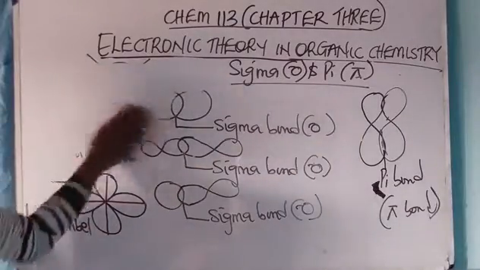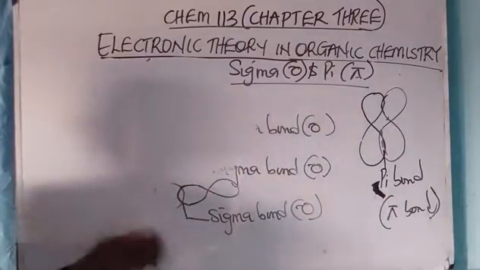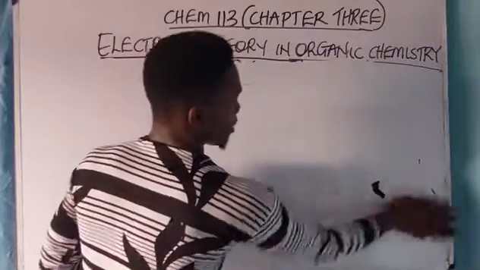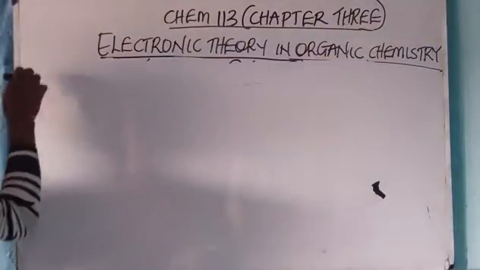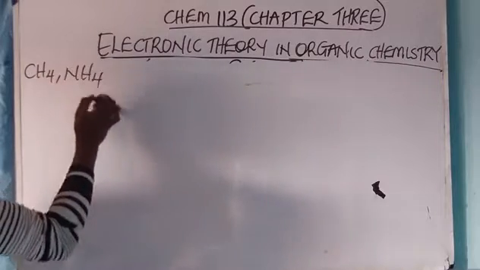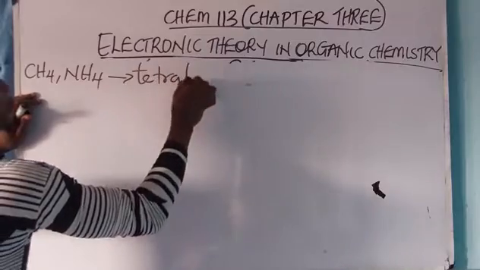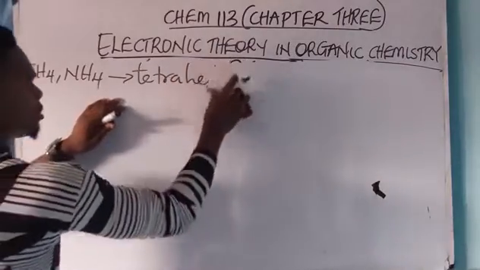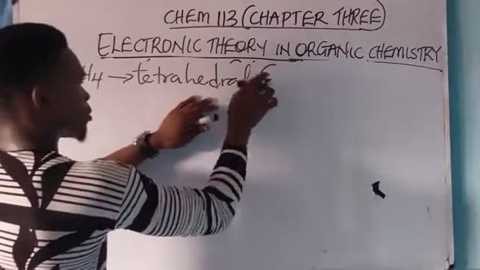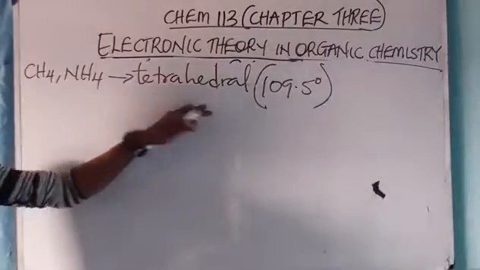Now let us look at the shape of elements or compounds. Please, CH4 and NH4, these two are what? Tetrahedral in shape, and they have a bond angle of what? 109.5 degrees.